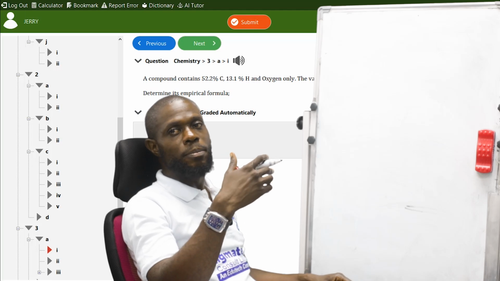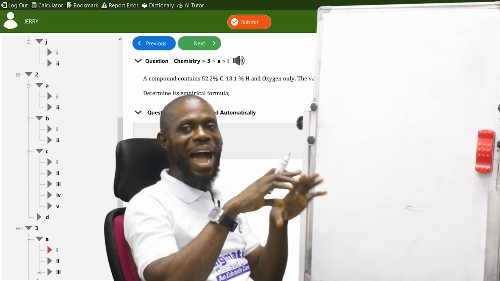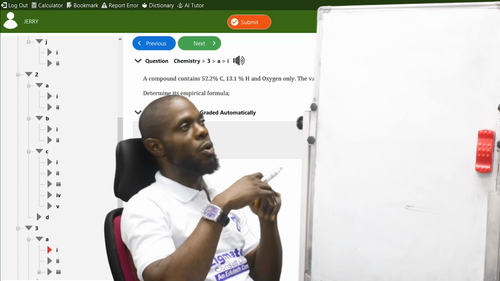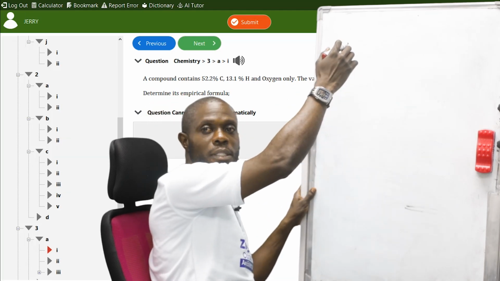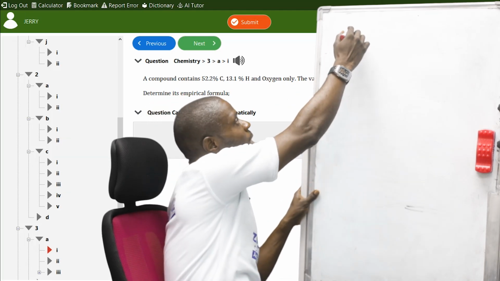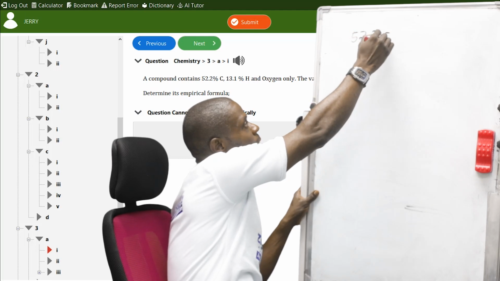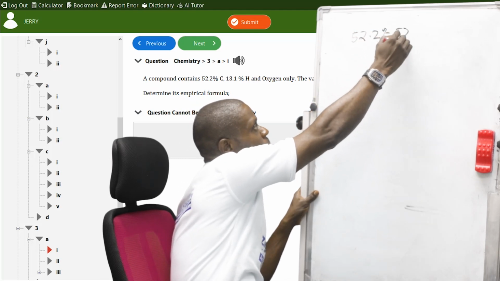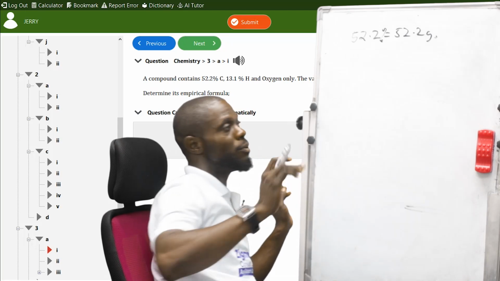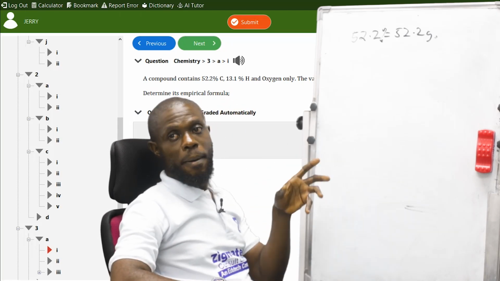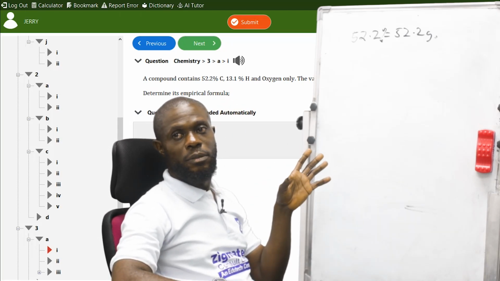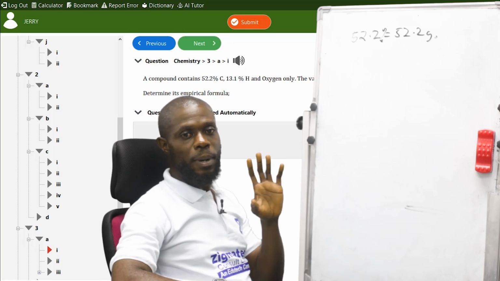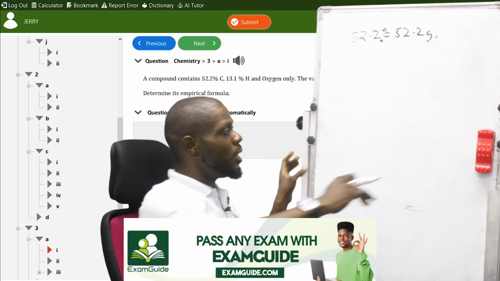Changing the percentage to grams is still the same as the percentage you got. What do I mean? Since carbon is 52.2%, that is going to be 52.2 grams. Simple. There is no magical changing. All right? So, let's start solving.